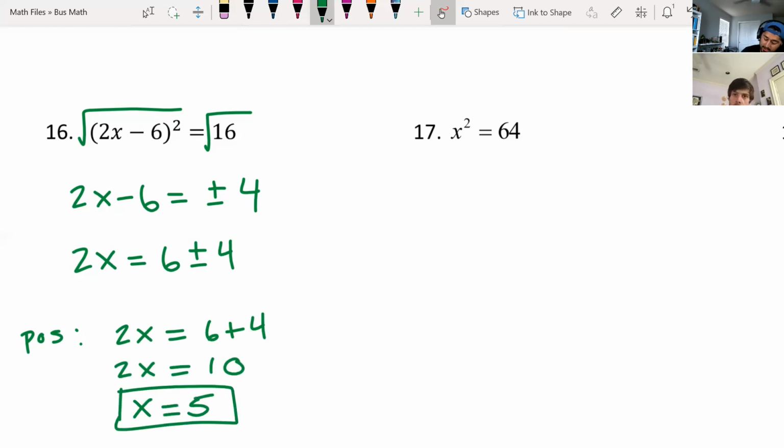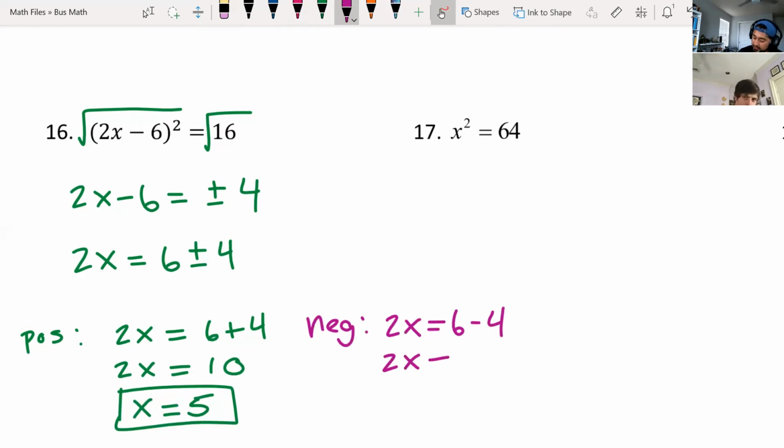Okay. The other one will be the negative answer. It's going to be 2x equal to 6 minus 4, which will give me 2x equals 2. And if you divide by 2, x will equal 1. All right.